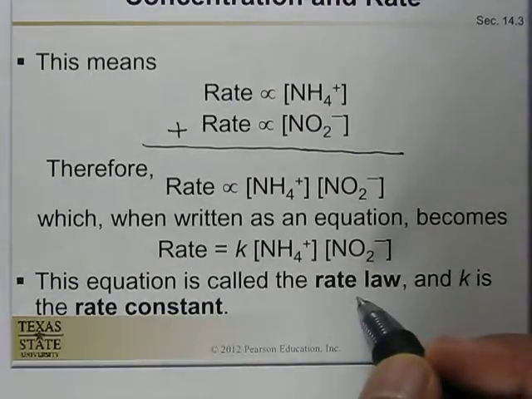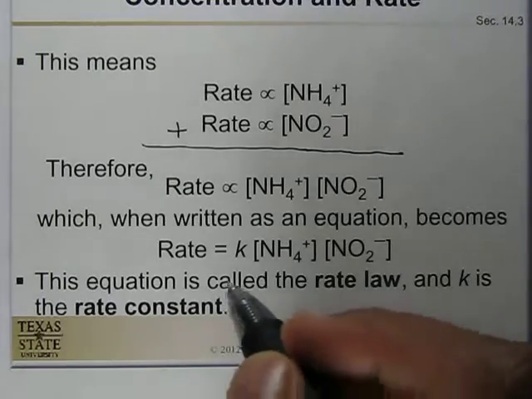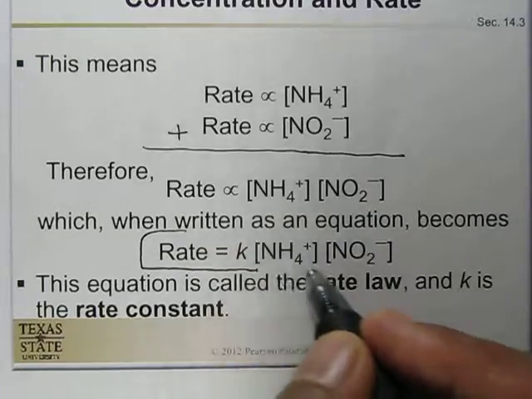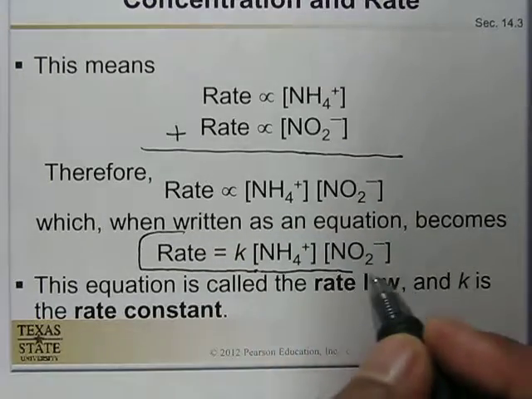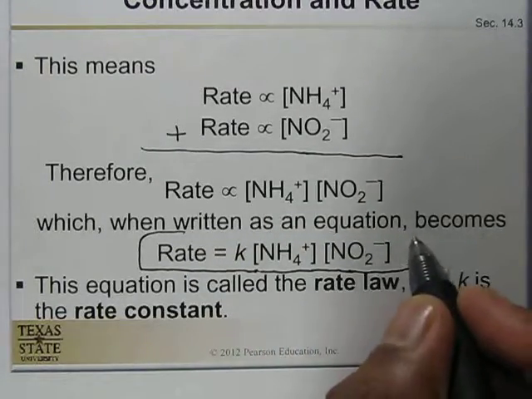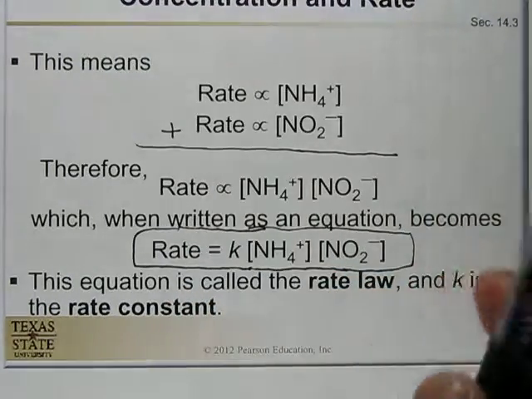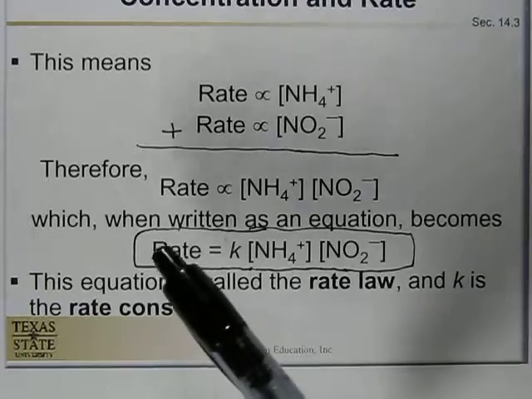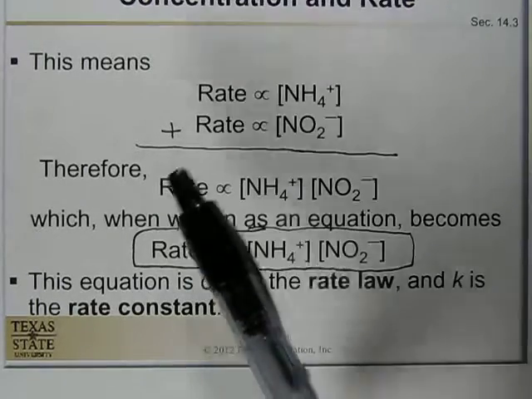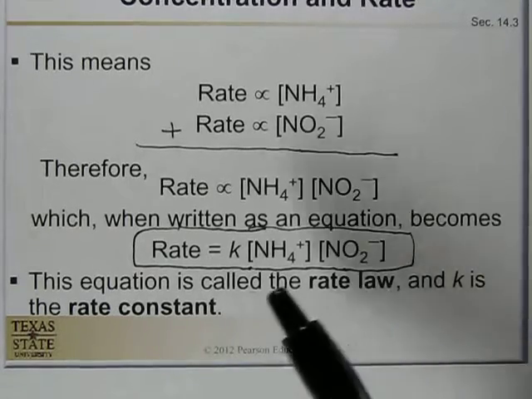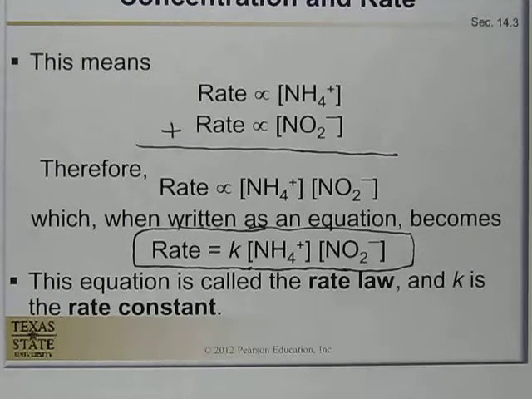This equation is called the rate law and k is called the rate constant. So this is the rate law equation which we derive from the experimental conditions: if you increase one reactant concentration, how the rate is affected, and if you increase the other reactant concentration, how the rate is affected, while keeping the remaining reactant concentration constant.